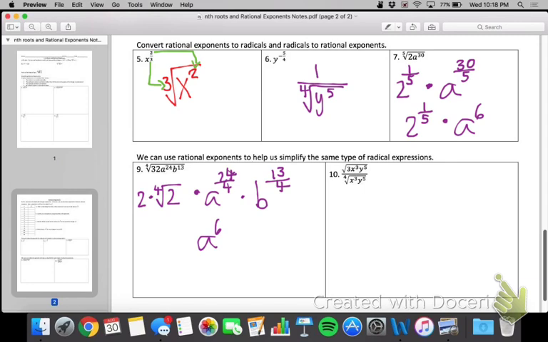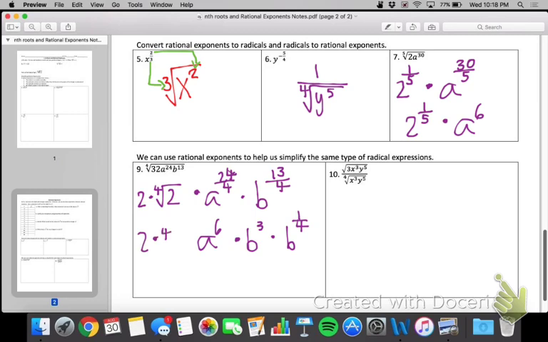So when I divide 13 by 4, I get 3, with 1 left over. So I'm going to have b cubed, but then I'm still going to have b to the 1/4. And we can see if we were to work backwards here and add the exponents, b to the 3rd times b to the 1/4 would be 3 plus 1/4, which would give me 13/4.